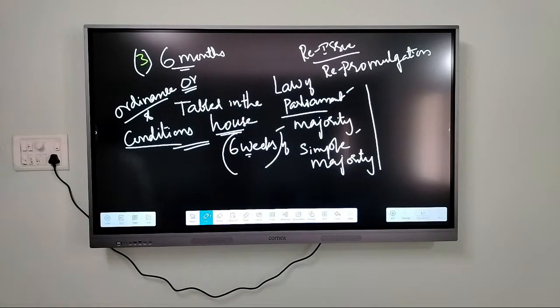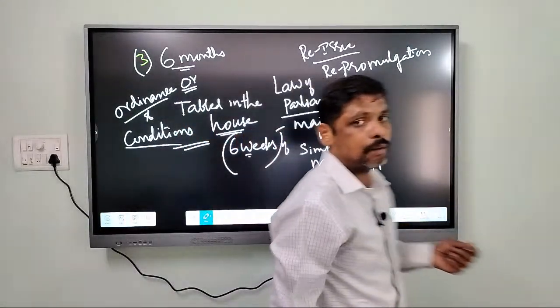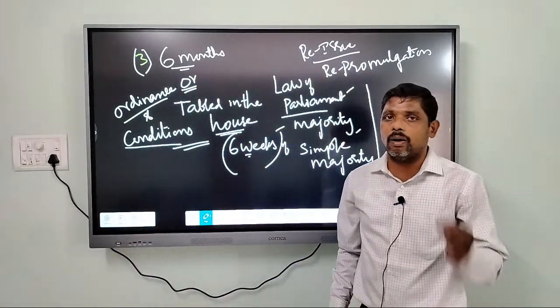Whether the President of India can repromulgate the ordinance after being rejected in the parliament. Imagine a situation, the parliament has rejected the ordinance.